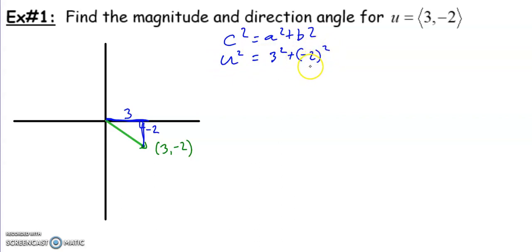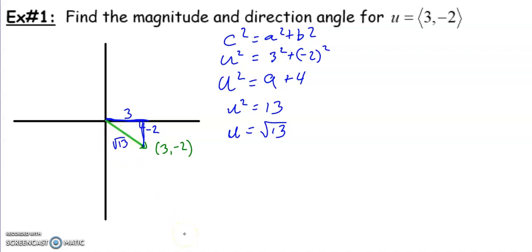Please notice I use parentheses because I want to square that negative. If I don't use parentheses, it won't square the negative. So that's going to give me u squared equals 9 plus 4. u squared equals 13. That means this vector has a magnitude of the square root of 13.